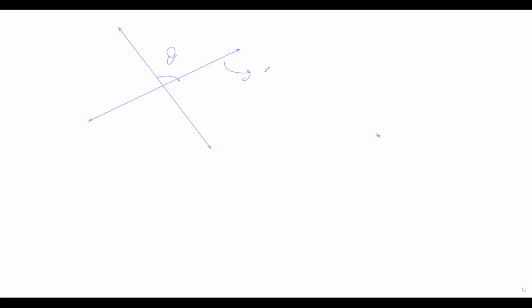Now, let's say this is a line L1, which is represented as R1 equals A1 plus lambda B1 in vector form, and this is line L2, which is R2 vector equals A2 plus lambda B2, right?